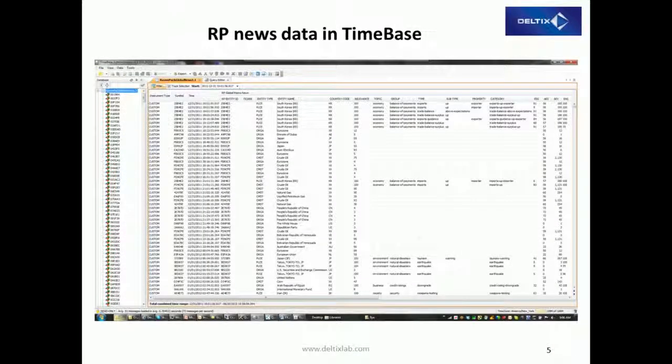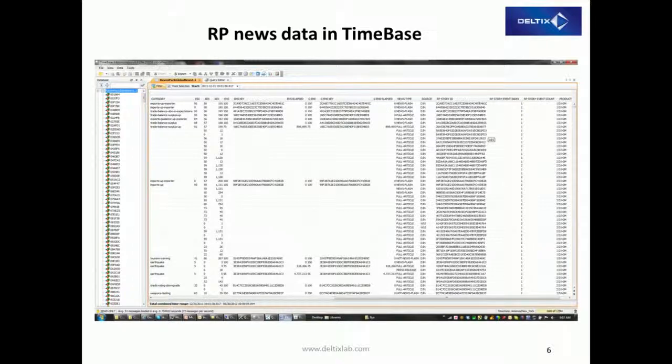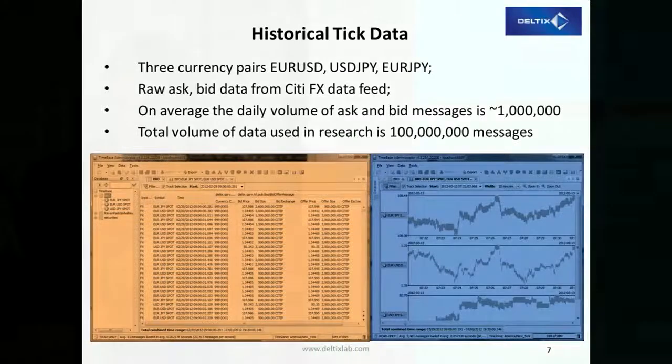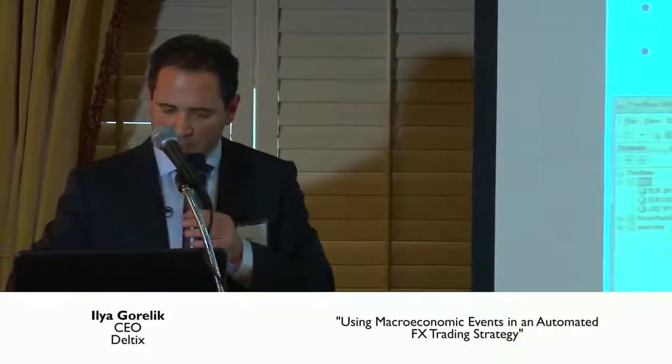News analysis in Timebase looks like a bunch of rows and columns, but it's all real. And tick data is also pretty clear on the right side: spreads, best bids, best asks, and millisecond time-stamped information.